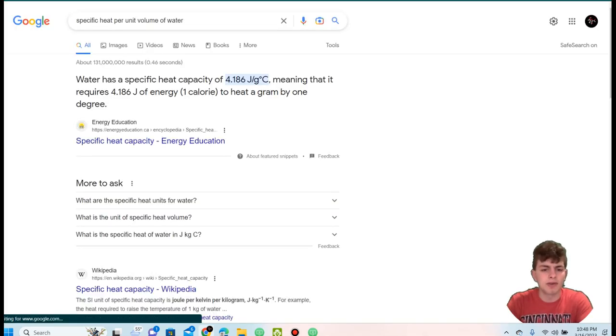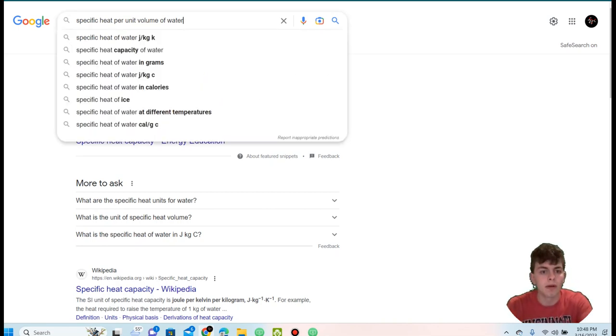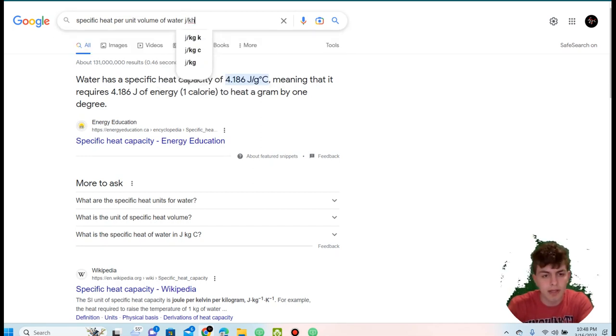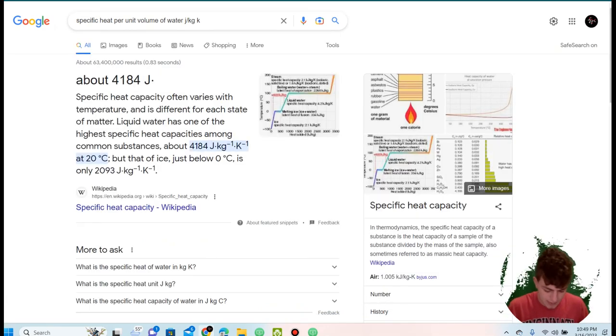And I'm just going to type that into Google. Yes. Alright. So that would be 4.186 joules per gram, joules per kilogram Kelvin is what we're looking for. So it's about 4.184 joules, which is a number that I probably should have had memorized from regular chemistry class.